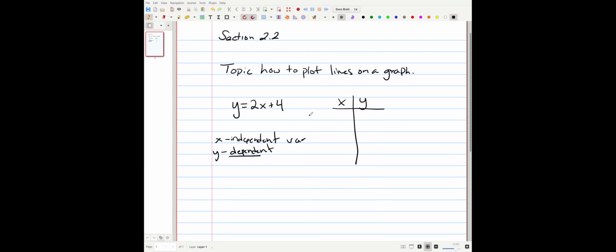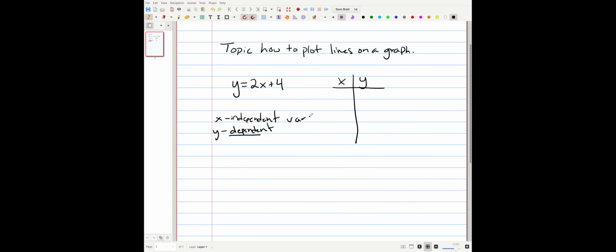So how do you sketch a graph of this? You plug in values for x, and you see what you get for y. So if we were plugging in a value of 2, you would say y is equal to 2 and replace the x with the values and see what number you get.